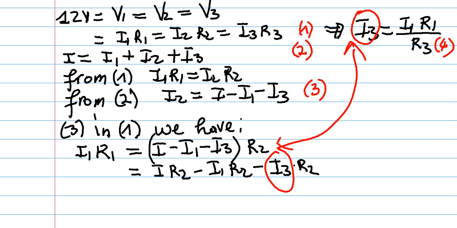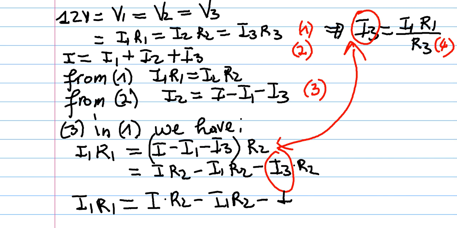We are going to have now I1 R1 equal to the main current I times R2 minus I1 R2 minus I3 itself, which is I1 R1 over R3, multiplied by R2.